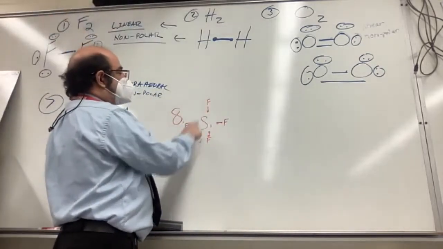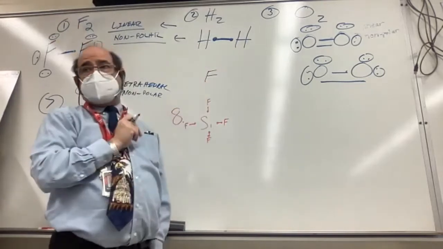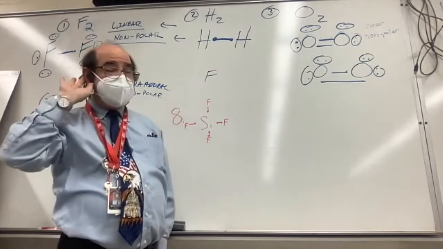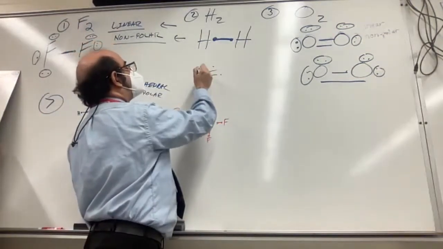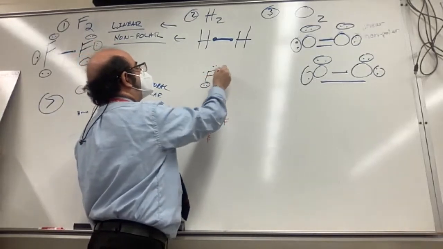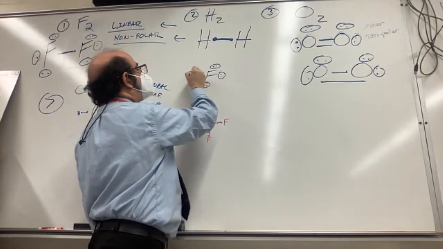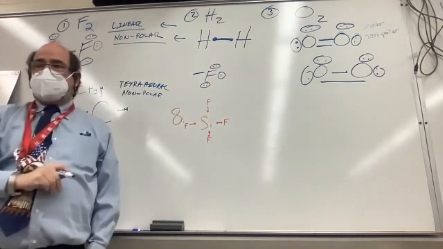SI is good. F. How do we draw the F? Oh shoot, it has 7. 1, 2, 3, 4, 5, 6, 7. Pair, pair, pair, bond. So you have the bond here, but you're missing those extra pairs. So you ready?